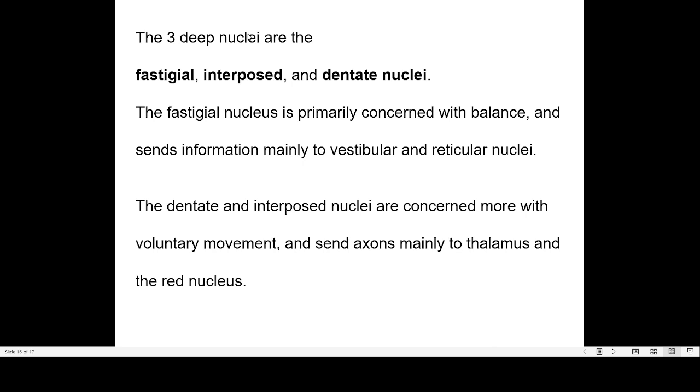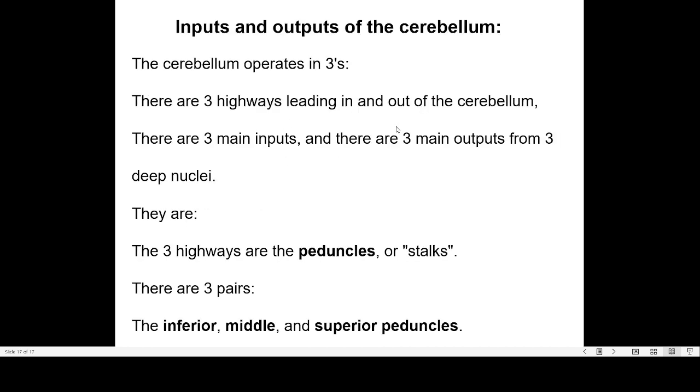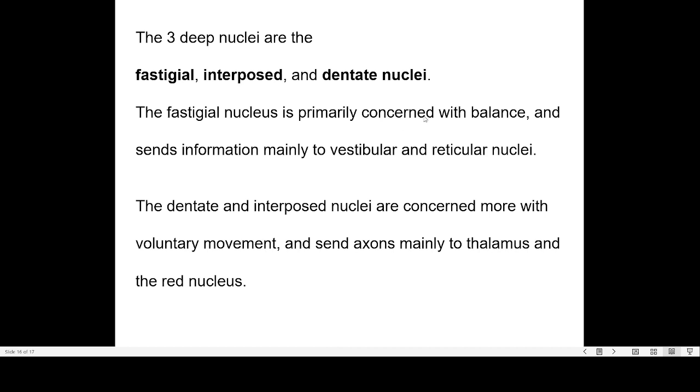So remember the three nuclei: fastigial, interposed and dentate nuclei. The fastigial nucleus is mainly concerned with balance and sends information mainly to the vestibular and reticular nuclei.